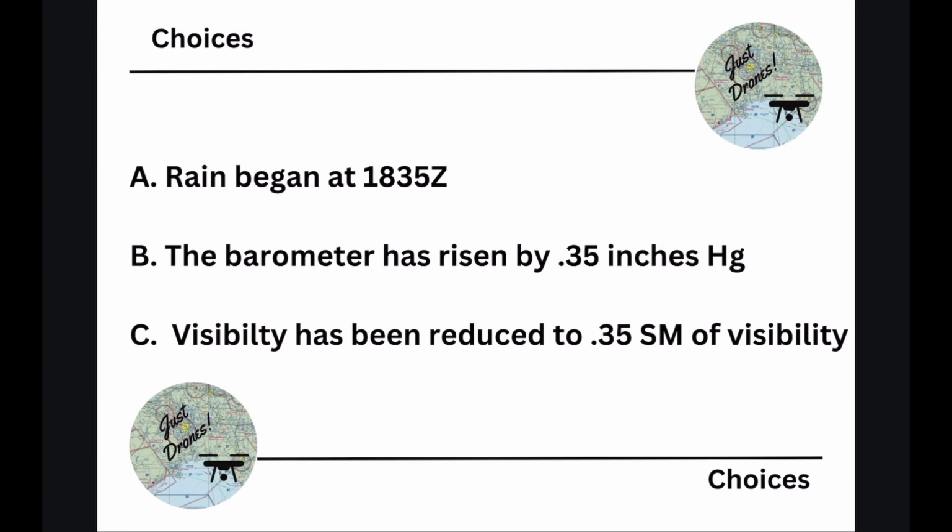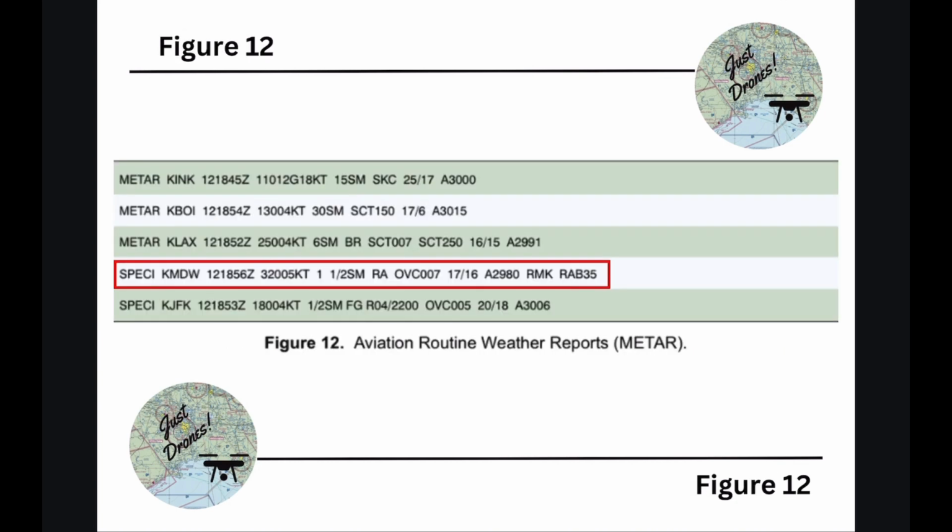All right, so if I don't know what this means, it's kind of hard to throw out some of these possible answer choices, right? So let's go back and look at figure 12. So we first find MDW. Again, the weather observation has not changed. It's the same exact figure. So we can go ahead and go through all of this and go past the altimeter setting.